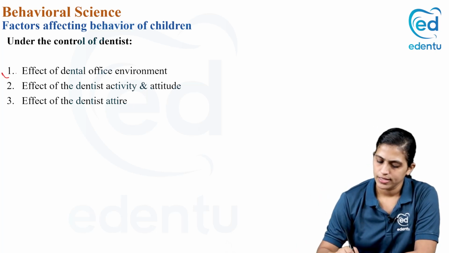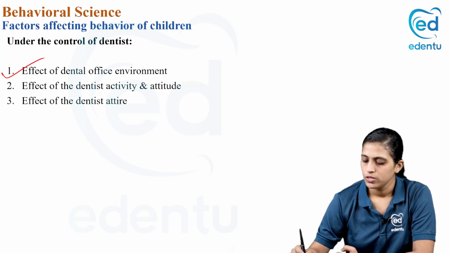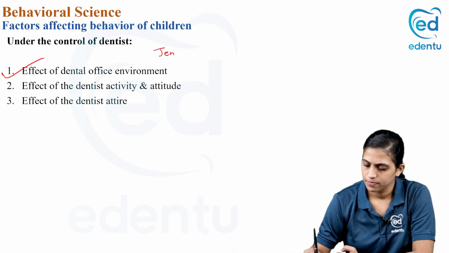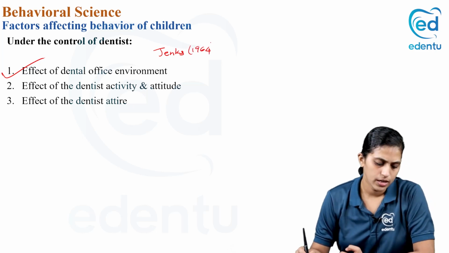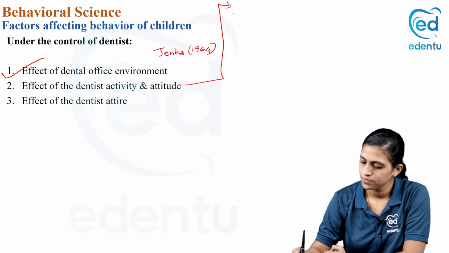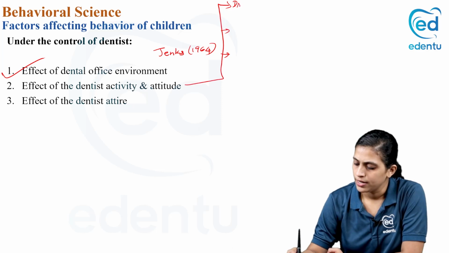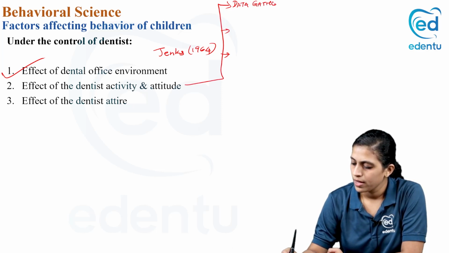Next is the effect of the dentist's activity and attitude. Jenks in 1964 described 6 categories of activities. The first is data gathering and observation.